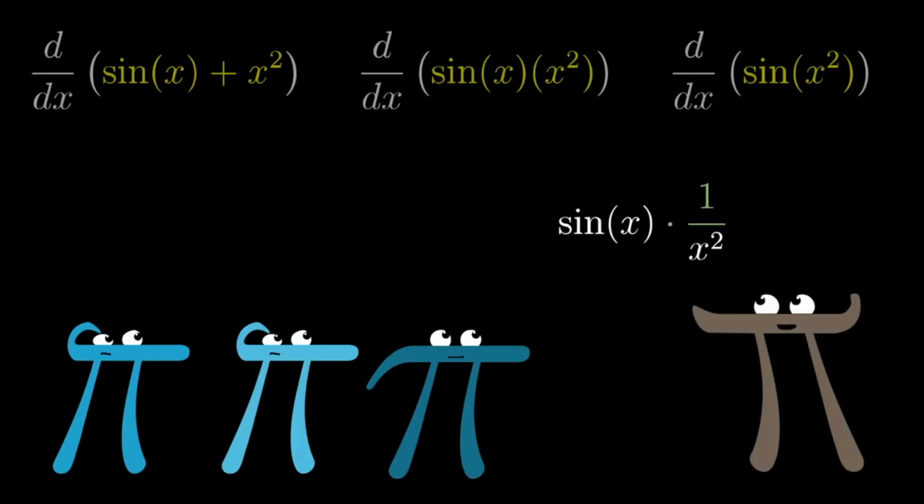When I saw this, I paused the video and just had to try it myself. And I want to show you guys where this mysterious formula for the quotient rule comes from.